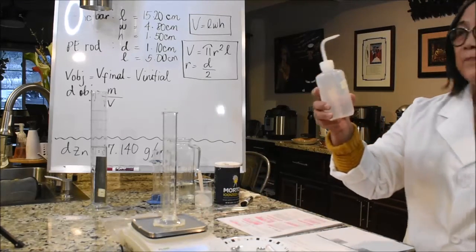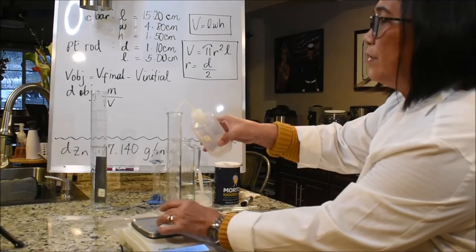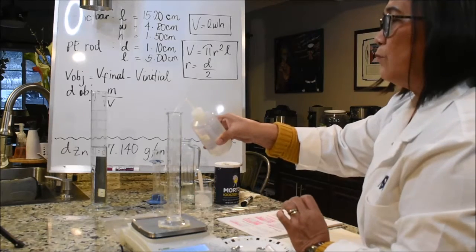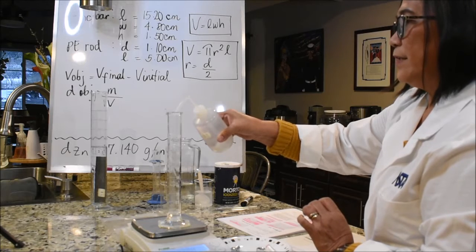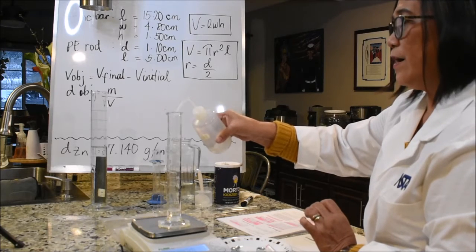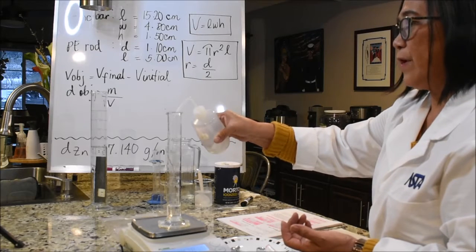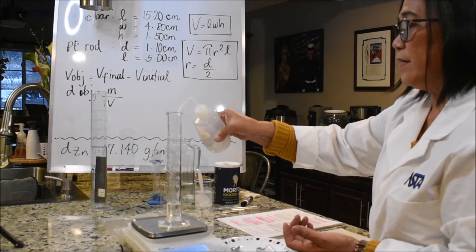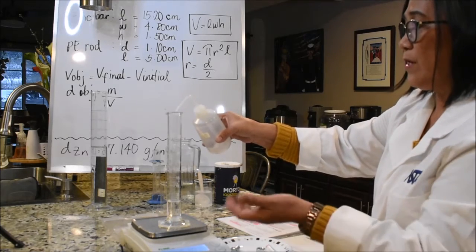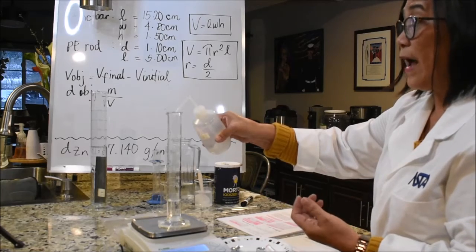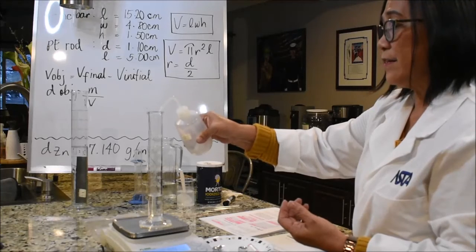So I'm going to use a wash bottle to transfer 50 ml of water into the graduated cylinder, and we will find the mass of the water by subtraction, because now you have an empty container that has a mass of 132.0 grams, and now we are adding water into it. So what do you think will happen to the mass of what we have on the balance right now? Since we're adding another substance, then we expect the mass to be greater.